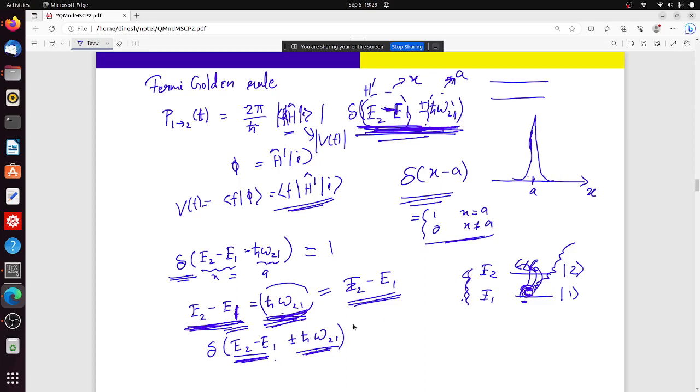Otherwise, let's say this condition does not hold, and E2 minus E1 is greater than h cross omega, which you can take as h nu or something like this, the energy of the photon. So if E2 minus E1 is greater than this h cross omega, what will happen?